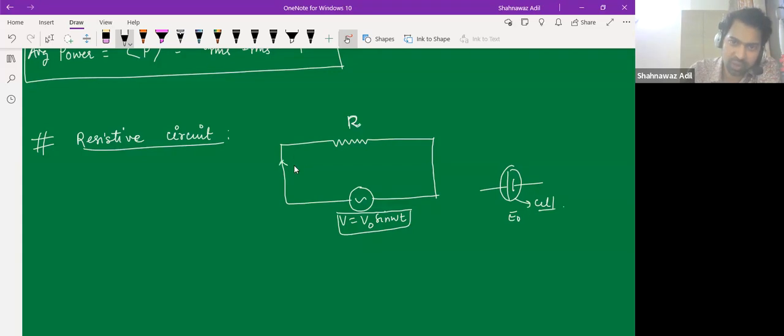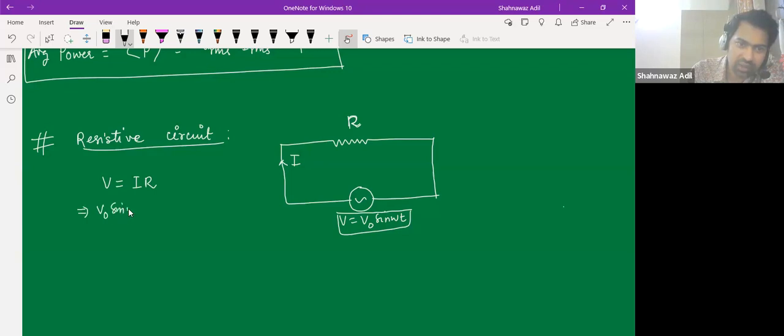Now what would be the current and what would be the phasor diagram of this resistive circuit? Let us try to find it. We know that in a resistive circuit, voltage is IR, right? And the voltage that we have supplied is V naught sine of omega t.